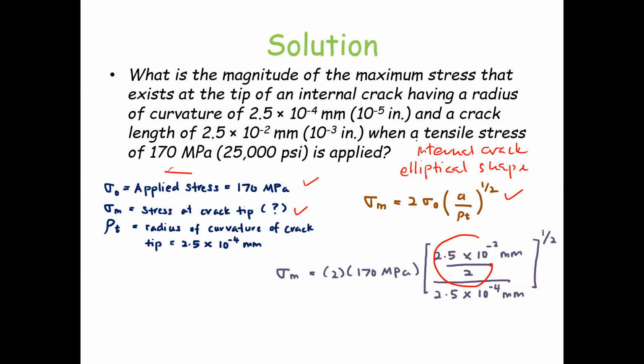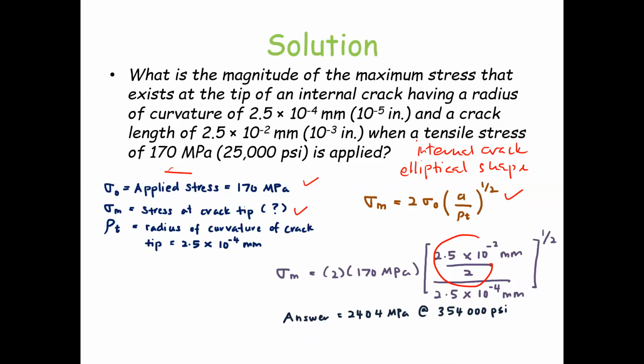This is the rho sub t, or the radius of curvature, all to the power of 1/2. When we plug in the values and calculate, what we get is the stress at the crack tip equal to 2,404 megapascal.